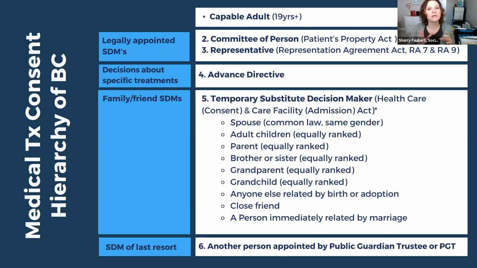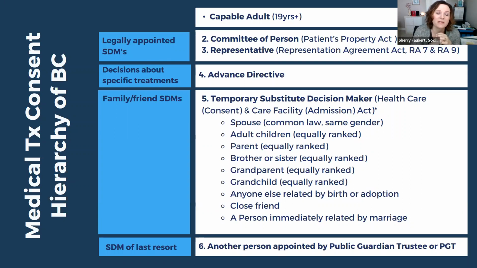So if you have dementia and you're advancing in your disease and you're no longer able to understand the authority that you're giving to someone in that regard, that is the situation sometimes where a committee comes about. And it's a process where there's doctors involved that weigh in on someone's capability. So it's not very often we see that.